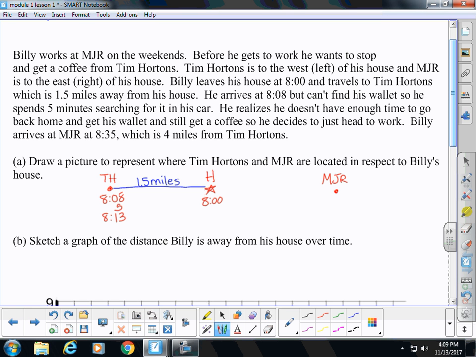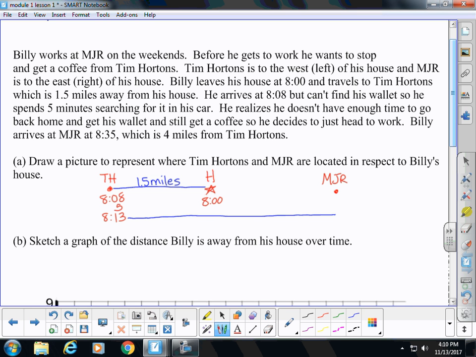And then he's going to go from Tim Hortons to MJR. So when he goes from Tim Hortons to MJR, he's going to pass his house. When we make our graph later on, we're going to be looking at the distance away from his house, but he's going to be going now back toward his house. So he's backtracking. Okay, he's going back toward his house initially.